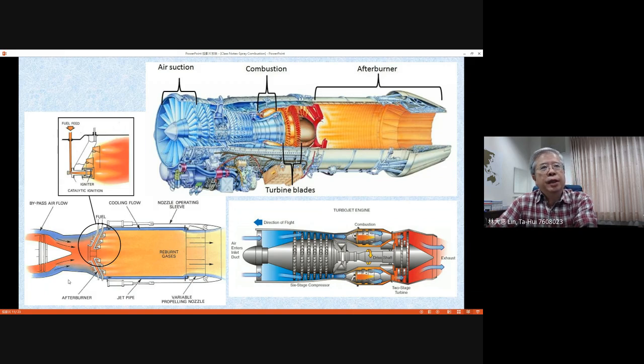Fighters usually join the battle and try to attack other planes. When they attack other aircraft, they need to escape very fast.